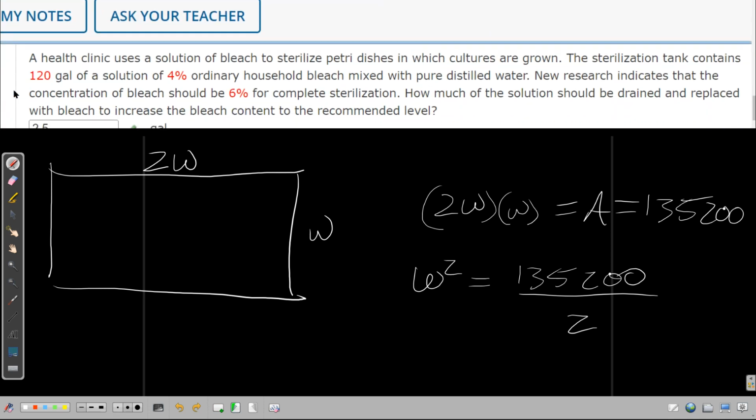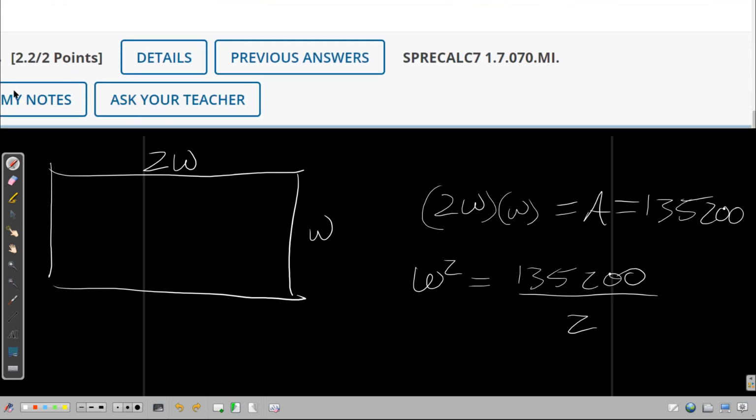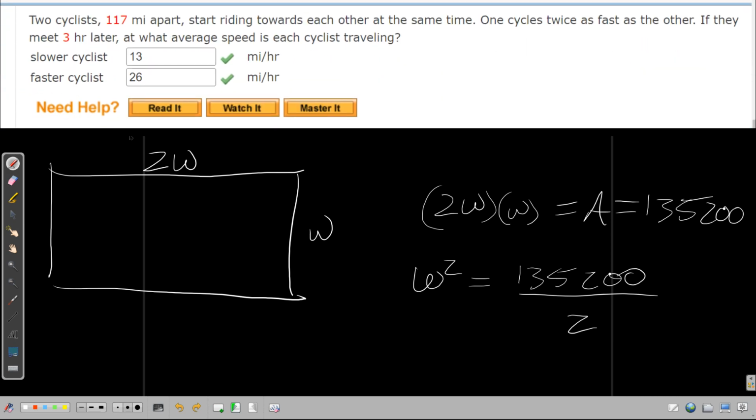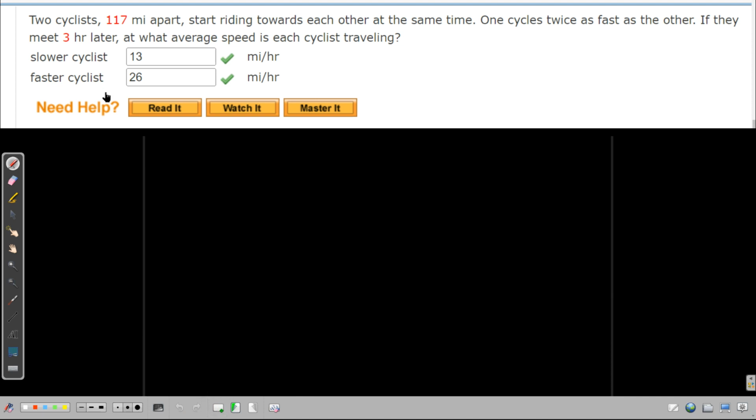Okay, and we talked about number 4 in class. Okay, here's a quintessential math problem. It's something that people would always make a joke about. You have 2 cyclists and they are riding towards each other, and they're 117 miles apart.